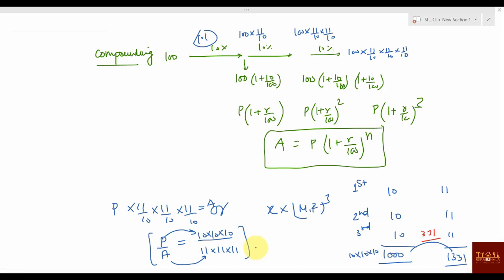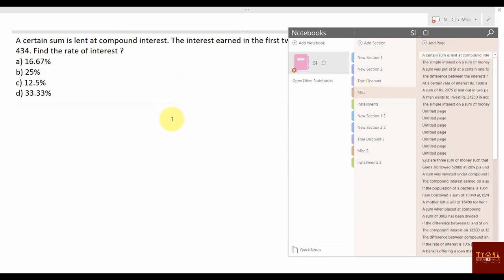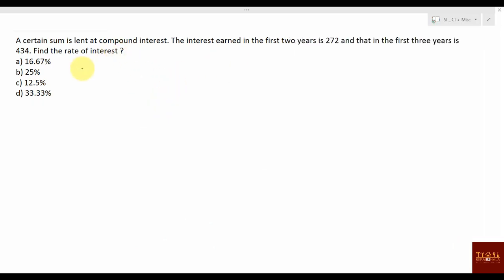Now, with this method, if I try to solve this question, understand. I can say that 16.67 value is 1 by 6. Yes, means in 1 year it will become 6 to 7. Second year also it will become 6 to 7. Means it will become 36 to 49.